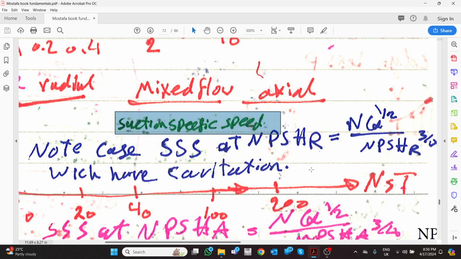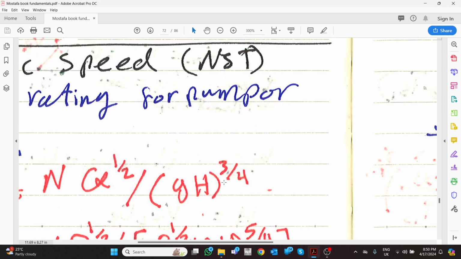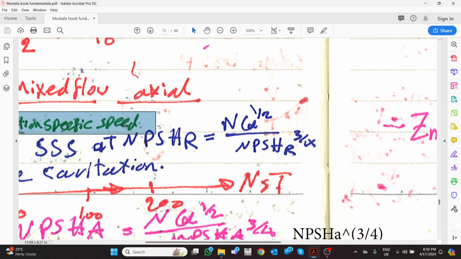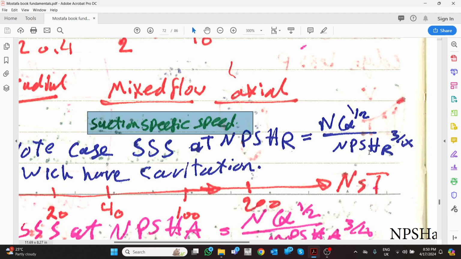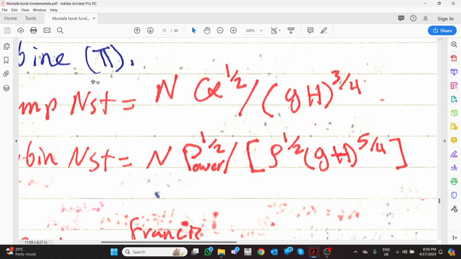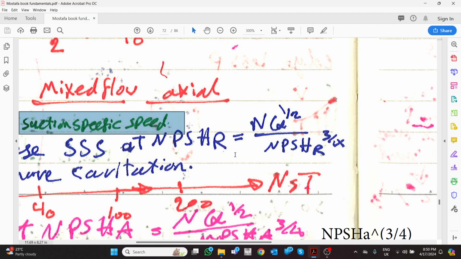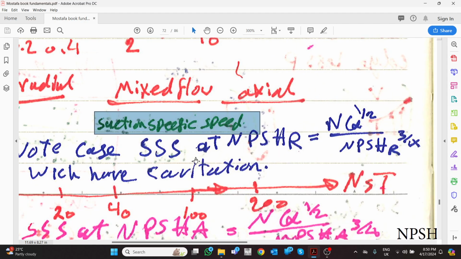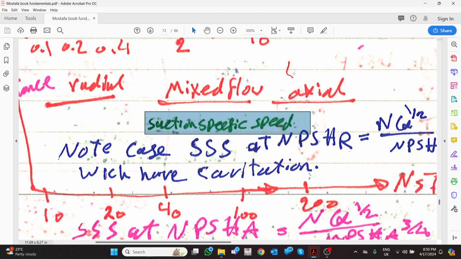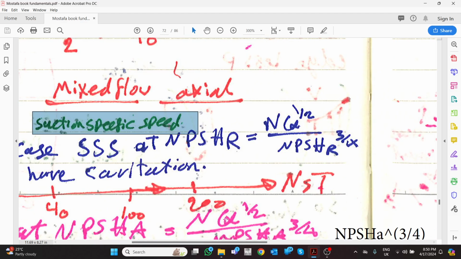But we calculate the suction specific speed when H here is at the vapor. Then we calculate H, then we get the suction specific speed. And at this speed, cavitation will happen. So for the suction specific speed at net positive suction head available, it is in Q, same as the equation, but for available.